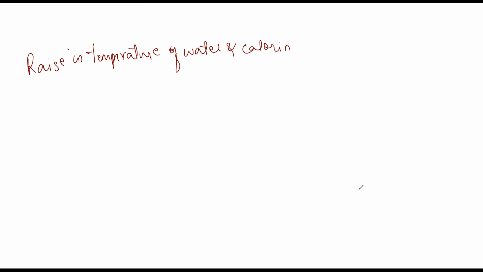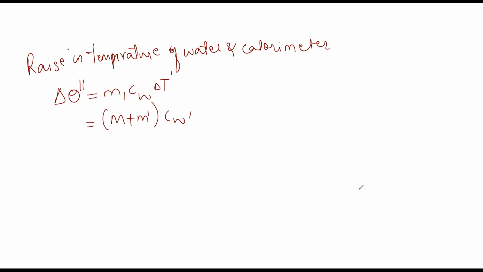Let us consider that as equation 1. The rise in temperature of the water and calorimeter is given by delta theta double dash, which is equal to m1 into specific heat of water into change in temperature, taking it as T dash. This can be written as capital M plus small m dash into specific heat of water into delta T dash. Let us consider this as equation 2.